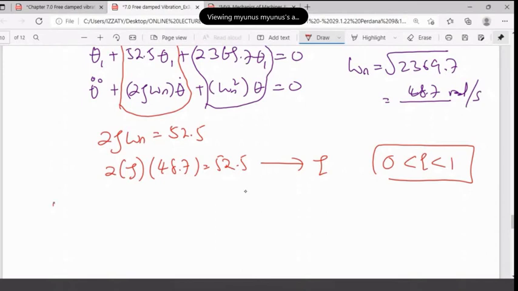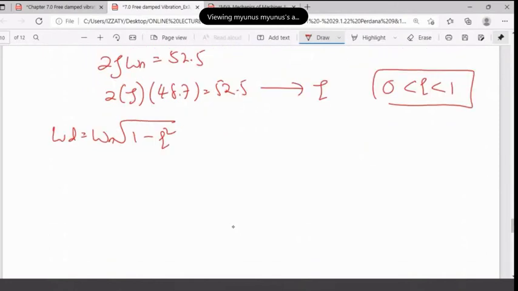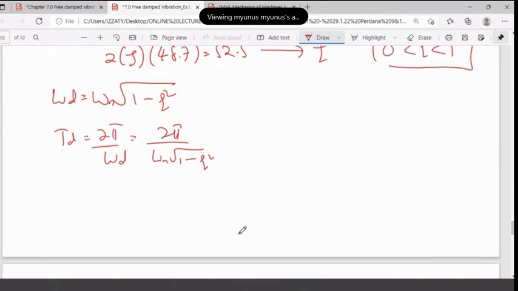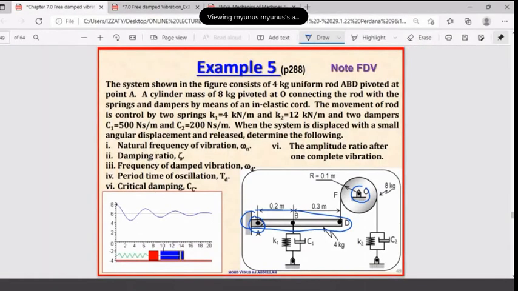Okay, the next one, what? Omega d. Obviously, omega d equals omega n times the square root of 1 minus zeta squared. Also not very difficult. What else? The TD itself, TD equals 2 pi by omega d, or in other terms, 2 pi over omega n times the square root of 1 minus zeta squared. The new thing now is, if you look at the fifth part of the question, they mention the ratio, critical damping, and the ratio between the amplitude after one complete vibration.